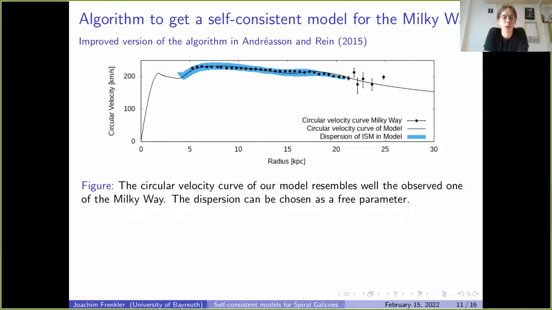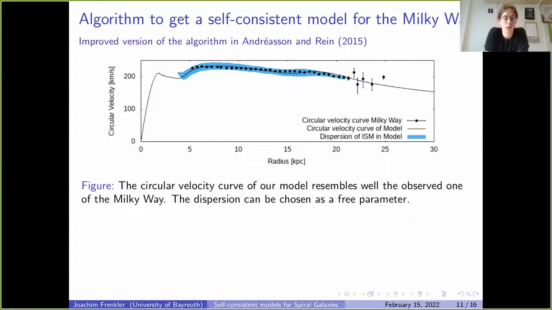Here with thick dots is marked again the circular velocity curve of the Milky Way as measured by Eilers et al. in 2019. The solid curve is the circular velocity curve of our model, and this curve fits the observed curve quite well, I would say. It's a quite good fit.